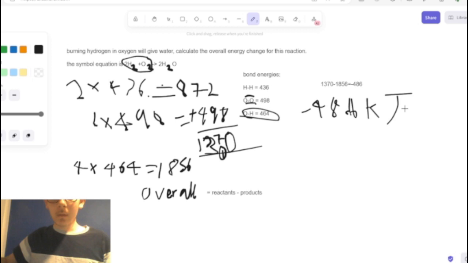Remember the units. And because there's a negative sign here, because it's minus, we know that this reaction is releasing energy, meaning it's exothermic.